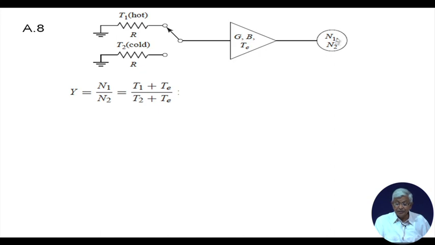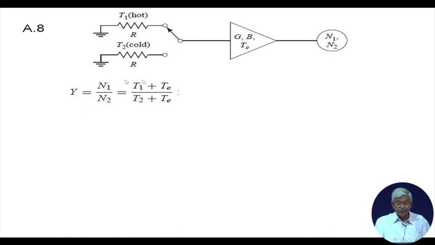Let us see. The ratio of the two measured powers N1 by N2 is k T1 B G plus k Te B G over, for the cold load T2, k T2 B G plus k Te B G. So, k, G and B are common and cancel.